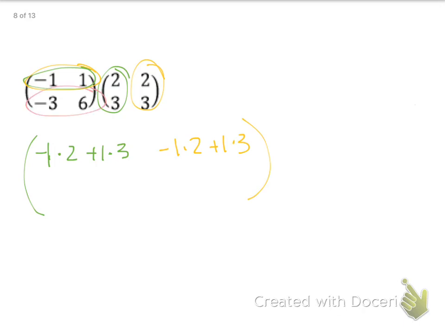Switch rows on my answer, so row, column, negative 3 times 2 plus 6 times 3, row, column, negative 3 times 2 plus 6 times 3. When I type them in my calculator, I get 1, 1, 12, 12.